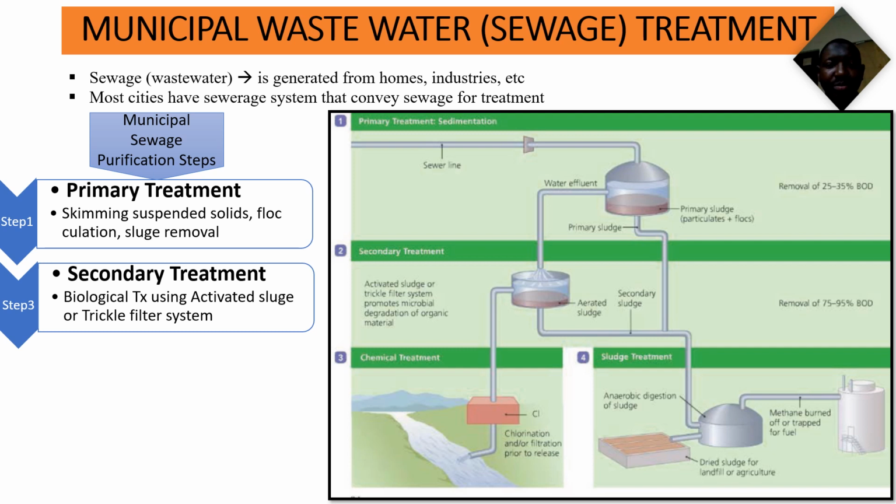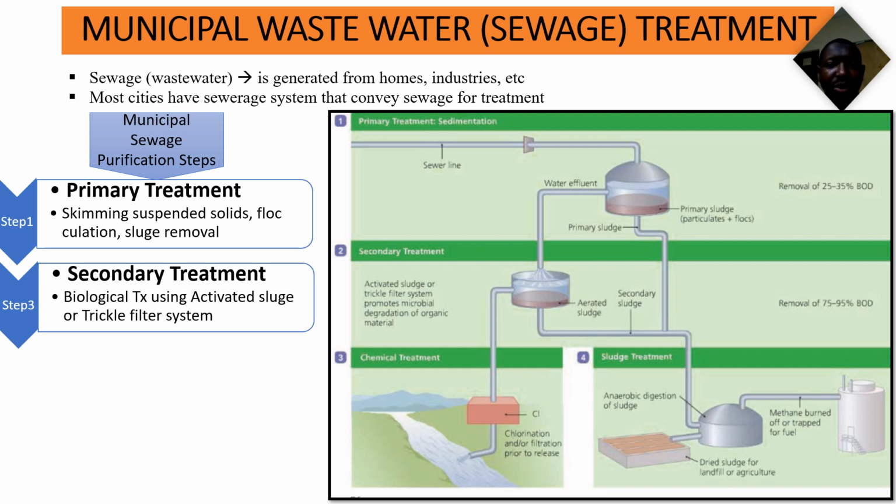And then we have advanced secondary treatment, in which a kind of activated sludge system is used, in which aerated water is seeded with primary sludge containing high concentration of metabolizing bacteria.